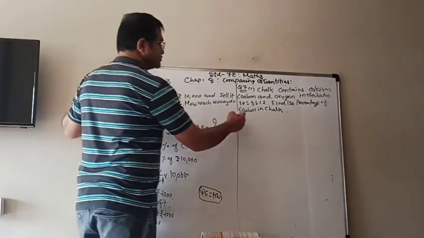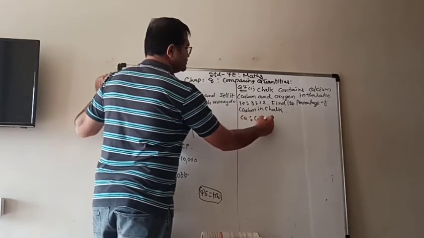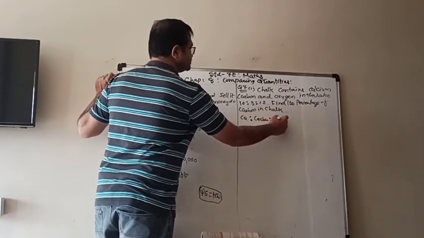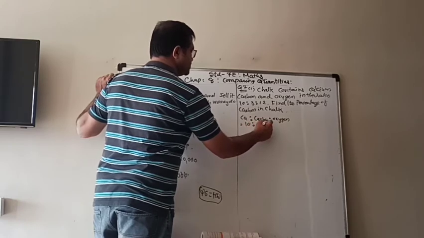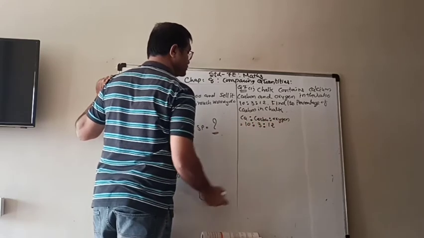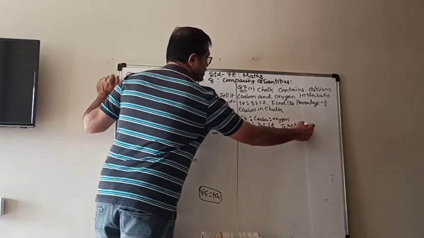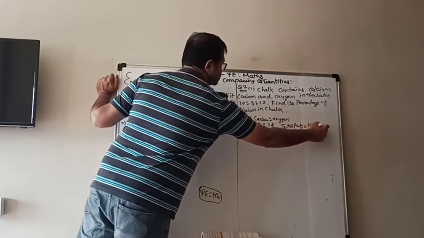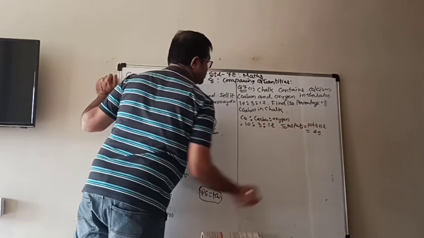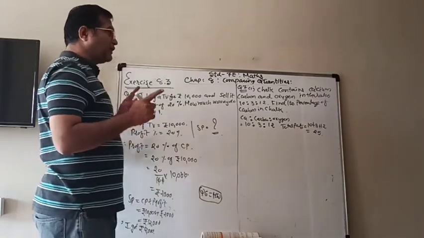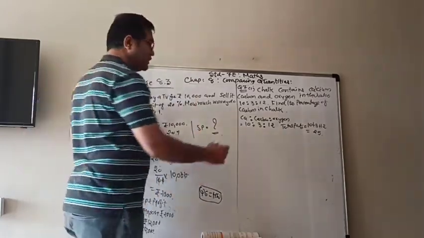So now calcium is to carbon is to oxygen is given as 10:3:12. So now total parts is equal to 10 plus 3 plus 12, that is 25. So now we have to find the percentage of carbon only. So we will take the part of carbon.